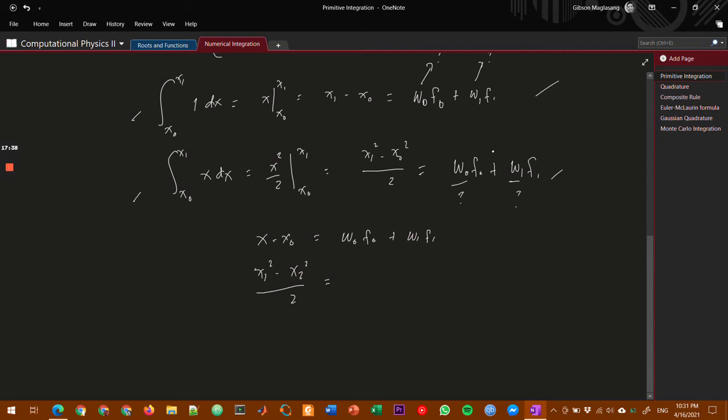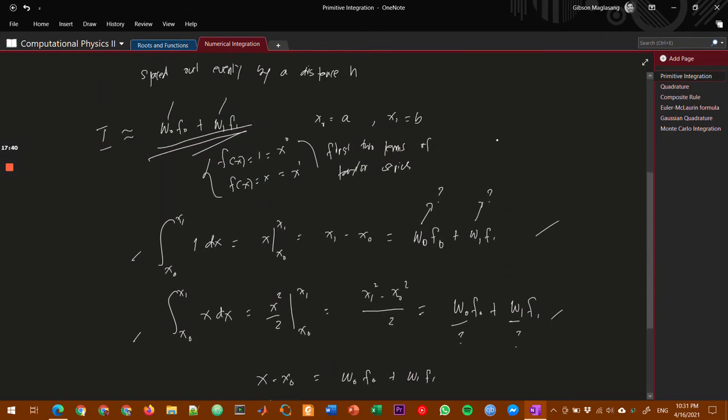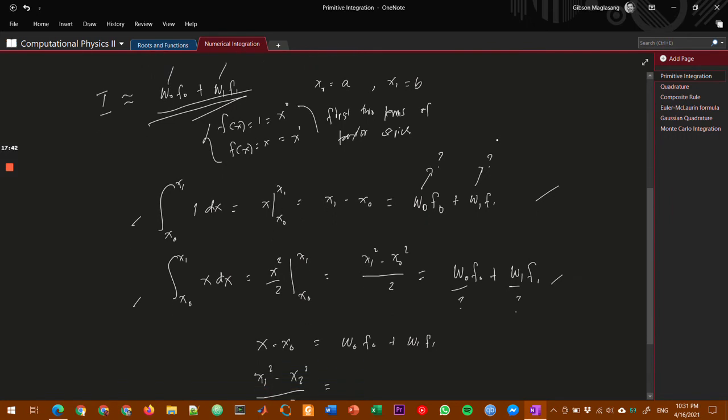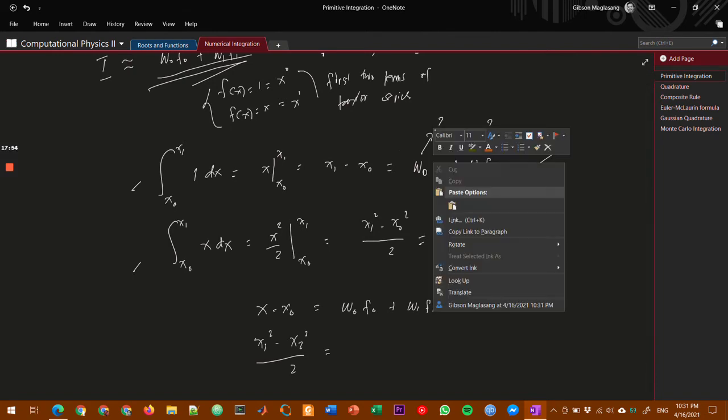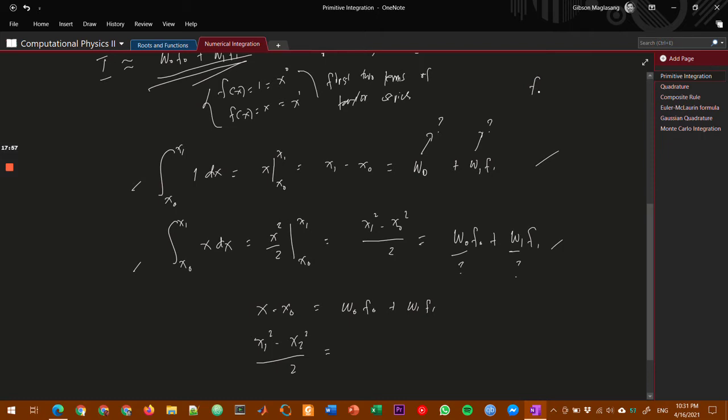In the first case, f naught is f of x naught. Since f of x is equal to 1, it is always 1, so that would be w naught plus w1.